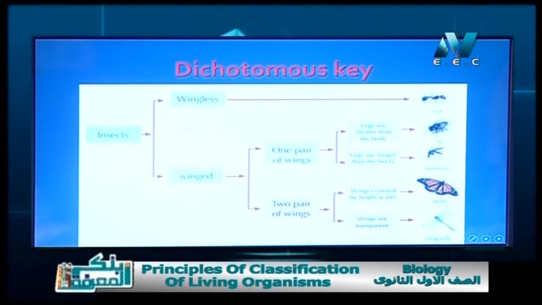One pair of wings, we can find some of them have legs which are shorter than the body, like the house fly. But another group has legs which are longer than the body, like the mosquito. So even the one pair of winged insects can be classified according to the length of the leg.